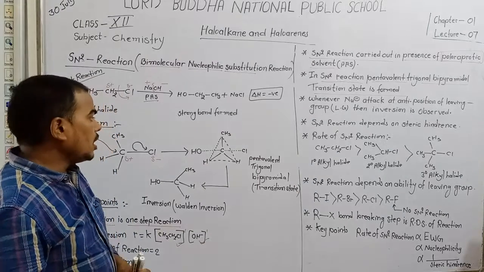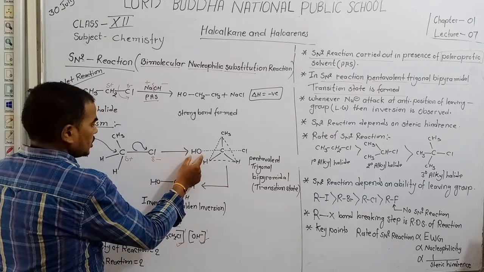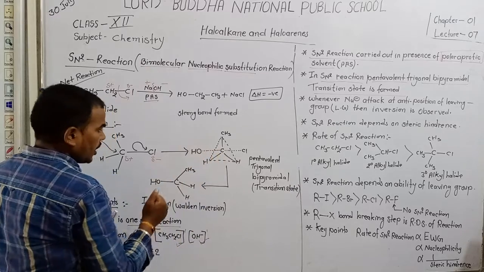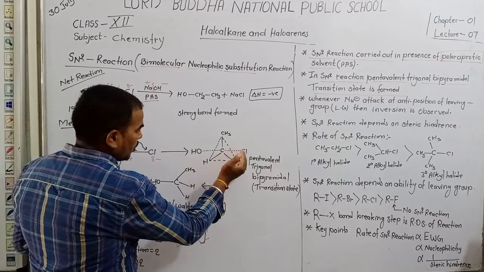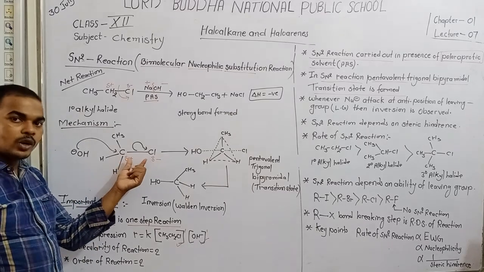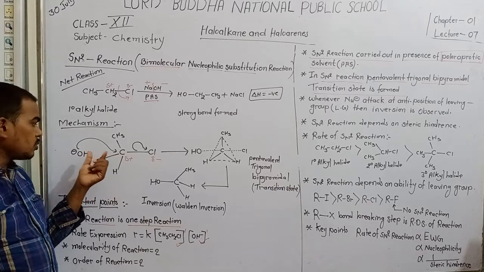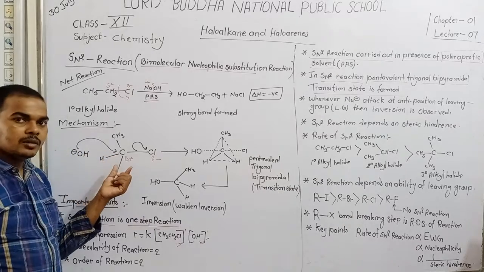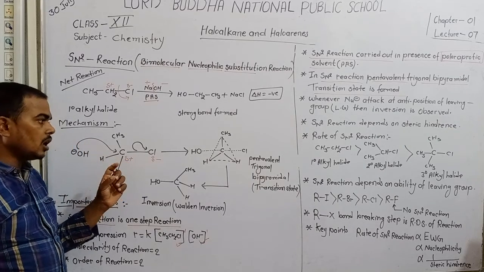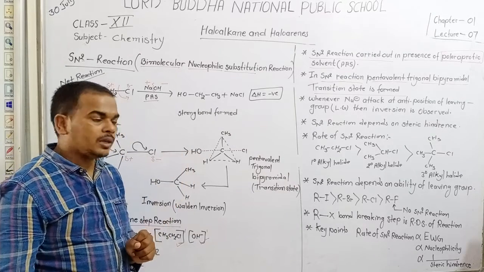Here OH attacks and forms a new bond between the carbon and OH, and chlorine leaves and breaks its old bond. Breaking of the old bond between carbon and chlorine and formation of the new bond between nucleophile and carbon take place at the same time.